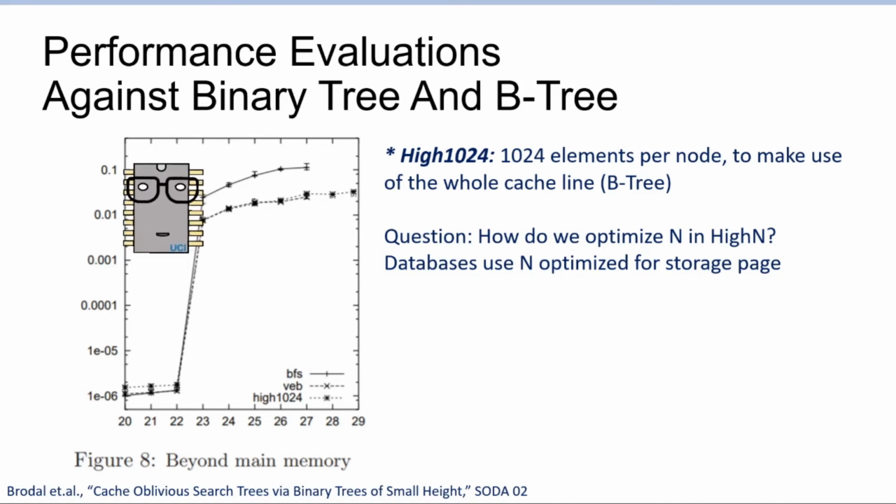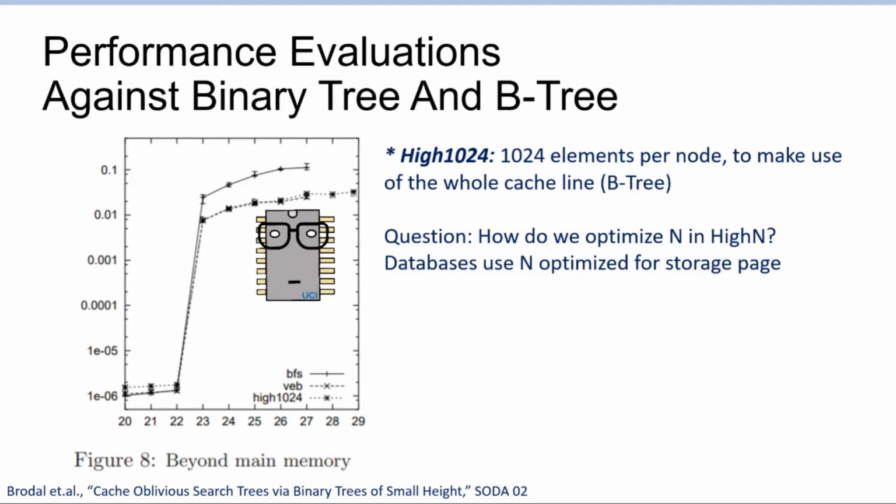Anyways, once we start hitting the storage, the performance of the van Emde Boas tree is still as good as the best of the other implementation, which is the B tree with 1024 children per node, as opposed to the small number 8 or 16 from the previous slide.